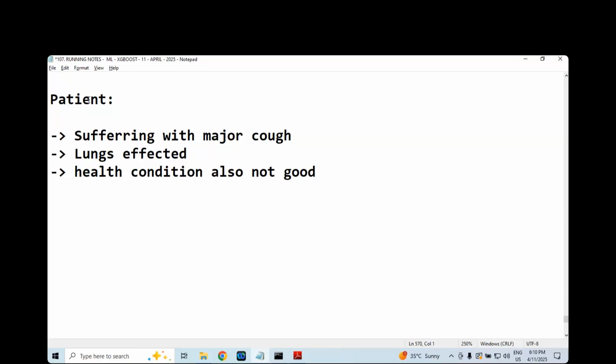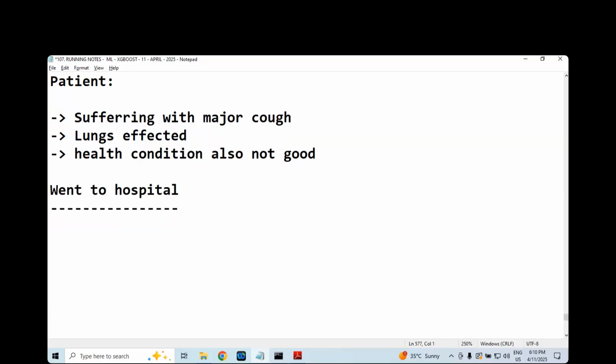Then he went to the hospital. Now here is the story. Today I will tell you who is a good doctor and who is a bad doctor, from my experience. A good doctor should talk with the patient, first point. Best example, in my village there is one doctor.